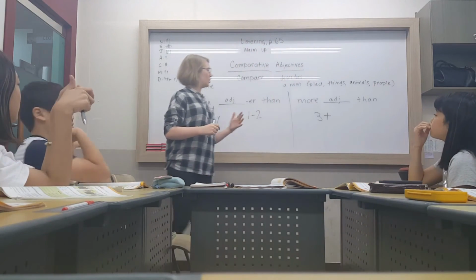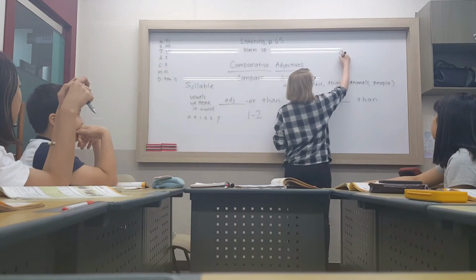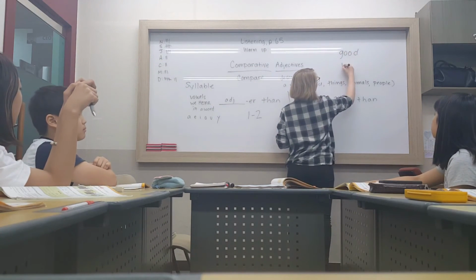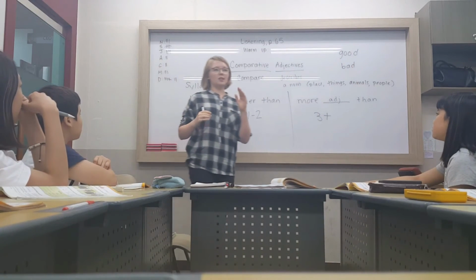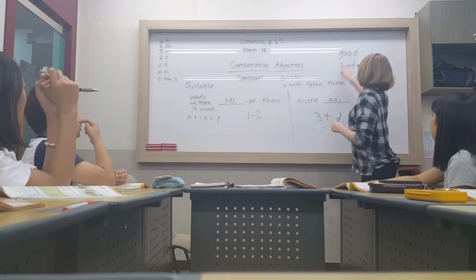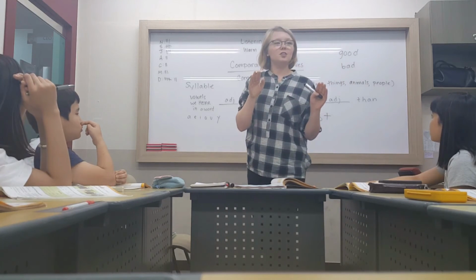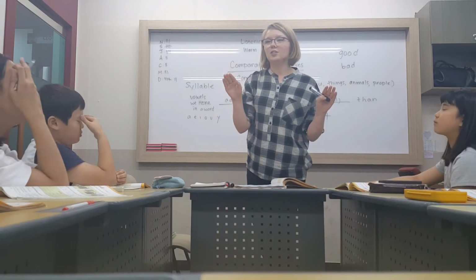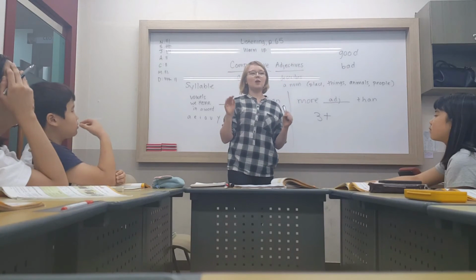Now there are a couple of words that we can't quite do this with, and those are the words "good" and "bad." Now "good," how many syllables? How many do I hear? Two. There are two vowels in the word, but if you close your eyes and don't look at the word, if I just say "good," how many vowels did you hear?